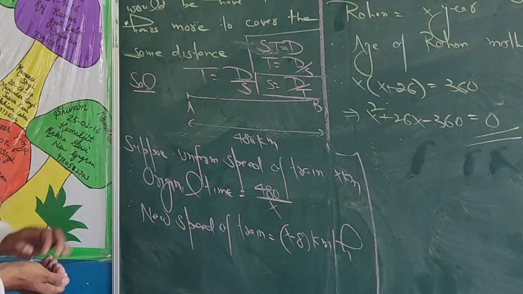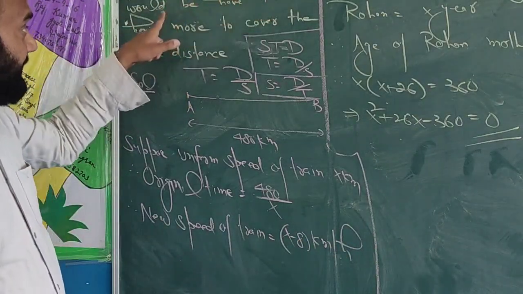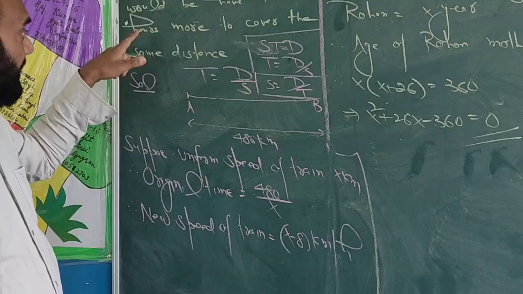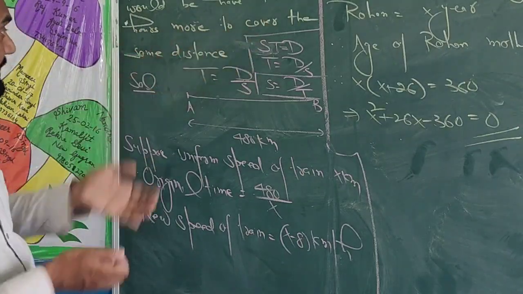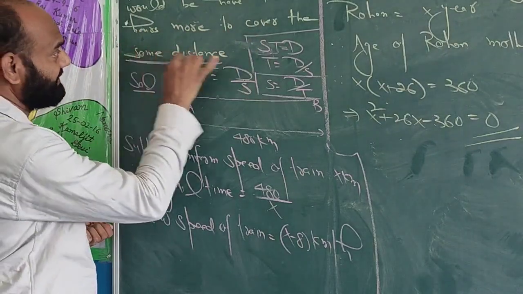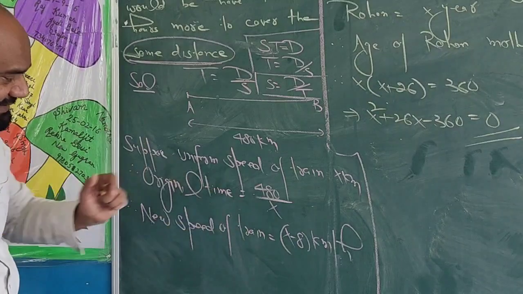Then the distance is also the same, because it is given it would have 3 hours more to cover the same distance. So it is clear, the distance is the same.